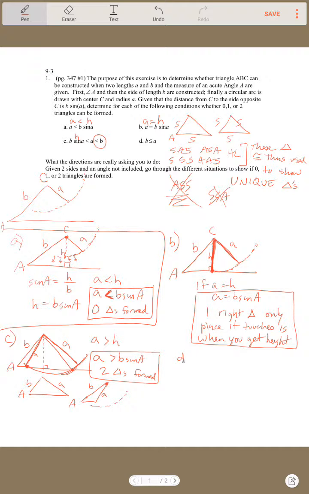Okay, so here's going to be scenario D. If A is greater than or even equal to B, as you have angle A here, here's side B, and if angle A is really big, but it's also, let's say, greater than or equal to B, let's make it equal to B and see what happens. If it's equal to B, then you're just going to have that one triangle, because if they're equal, then what you'll form is the congruent triangle. Okay? So as it swings, you'll form the one triangle here.